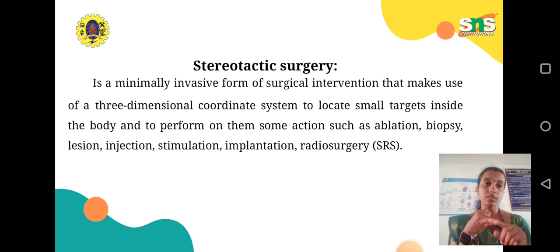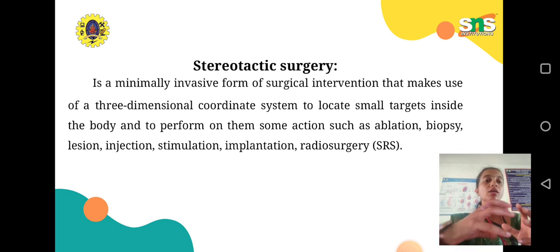Next is biopsy. We can take the tissues and send them for biopsy to identify what kind of cells, what kind of tumor it is. Next is lesion, injections. We can cure it with injections, and stimulation, implantation and radiosurgery.